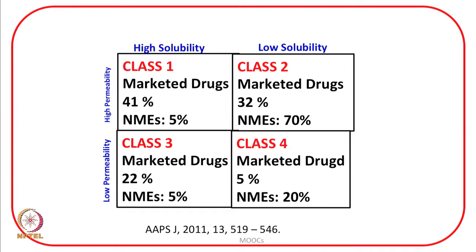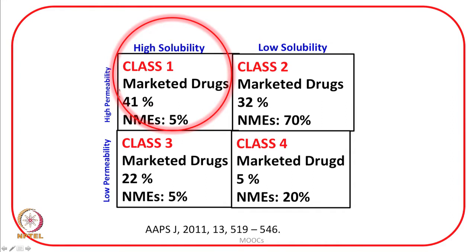Now, the data suggests that out of the marketed drugs, the new molecular entities, only 5% of the new molecular entities fall into the category of high permeability and high solubility.